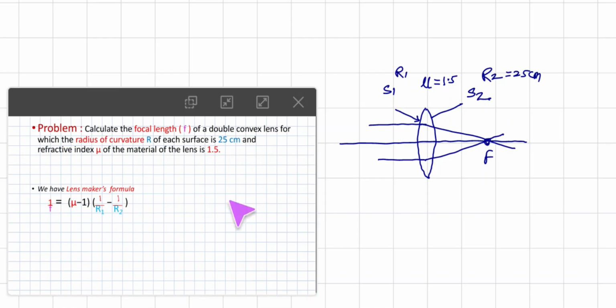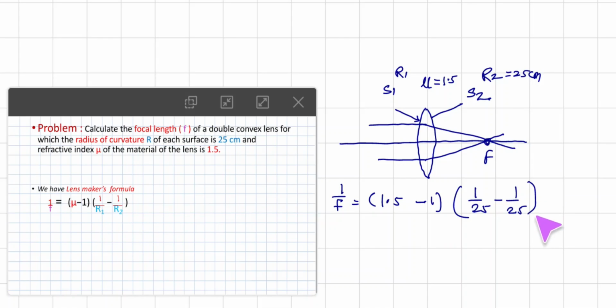So we have 1 upon f is equal to (1.5 minus 1) into (1 upon 25 minus 1 upon minus 25), as r1 and r2 are the radii of curvature.